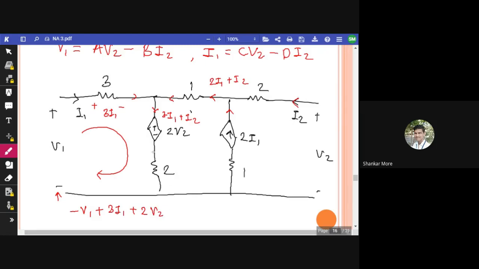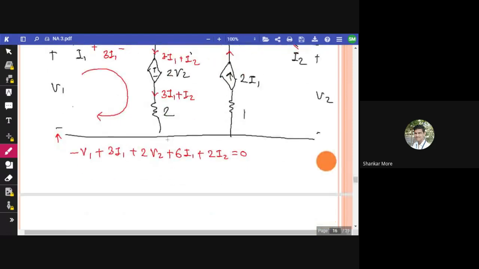Then we come here, and the current flowing through this resistance is 3I1 plus I2, so the voltage across it should be 6I1 plus 2I2. That would be equal to 0. We have applied KVL here: the sum of all the voltages is equal to 0.